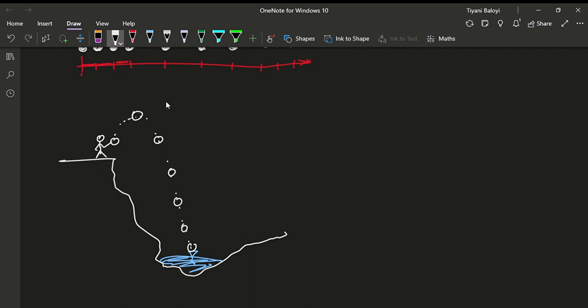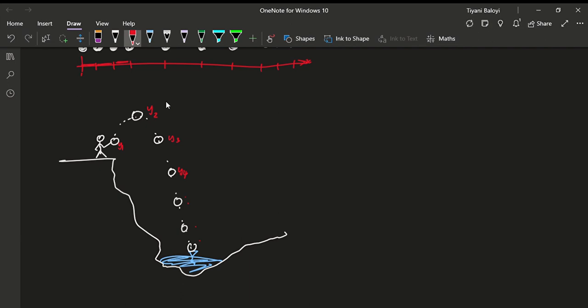So we can indicate this as our y1. Let's say this is the first position, initial position, y2, y3, y4, just like that, like that, like that, right? So we can also indicate the motion here. As you can see, it looks like a parabola when you look at it, right?